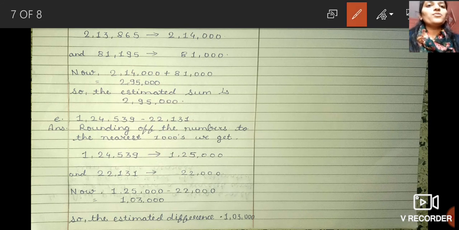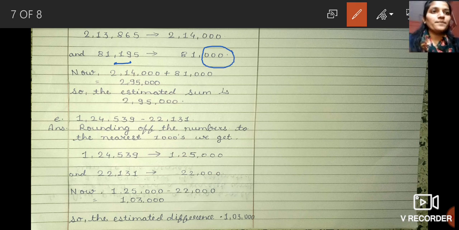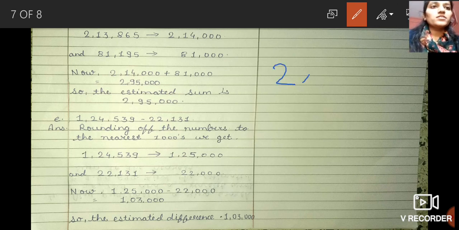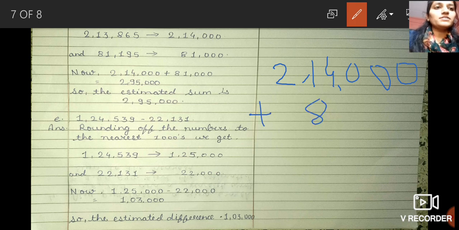Now 81,195. Here the hundreds place is 1, so only the hundreds, tens and ones will become 0. Okay, so we are going to add now 2,14,000 plus 81,000.